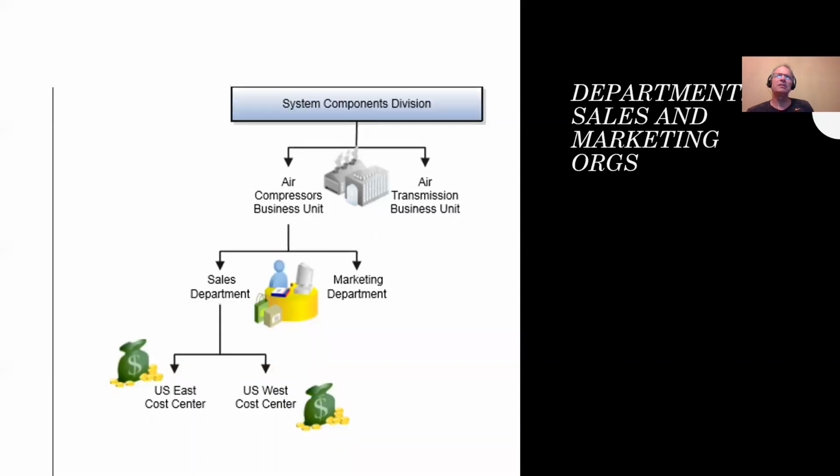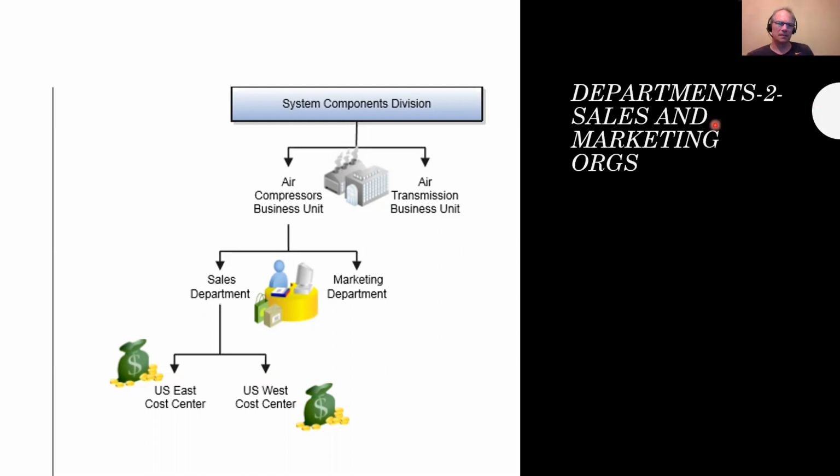Now there's 3 departments I kind of want to review here. This is when your department is a sales and marketing org. I just want to show how this works. You've got your air compressors business unit, and you have a sales department.